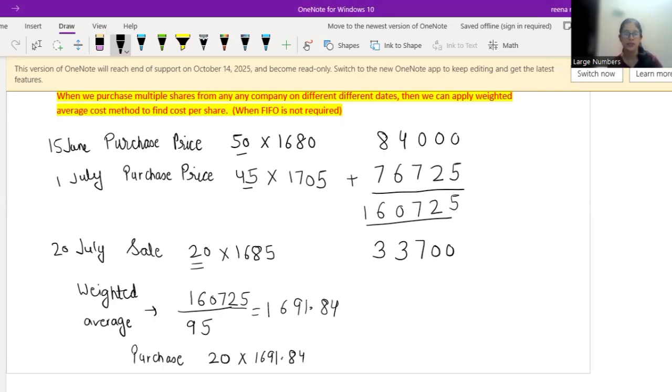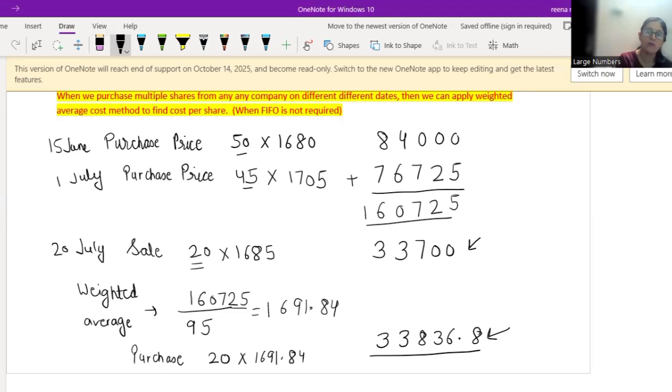This is 33,836.8. Now you can check, this is the cost price of 20 shares and this is the selling price of 20 shares. Now you can compare: the selling price is lesser than the cost price. So obviously we suffered a loss.